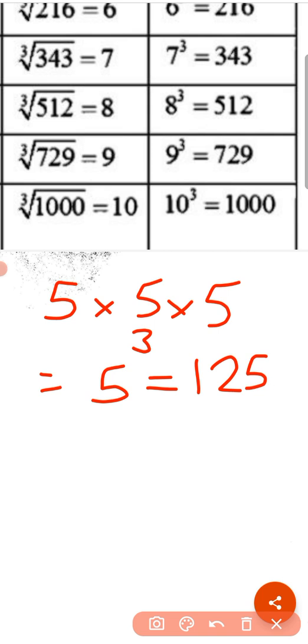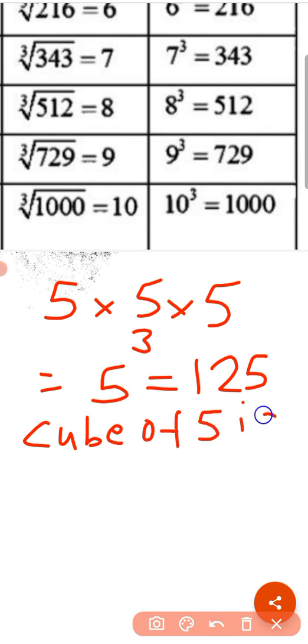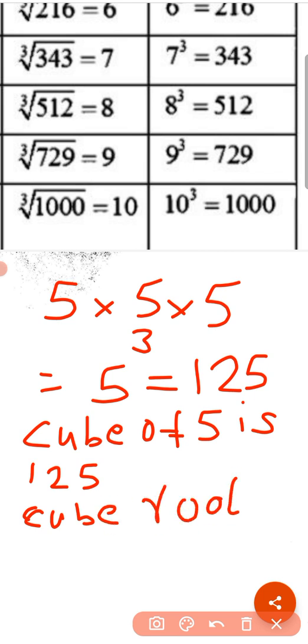So we can say that cube of 5 is 125. From this we can say that cube root of 125 is 5.